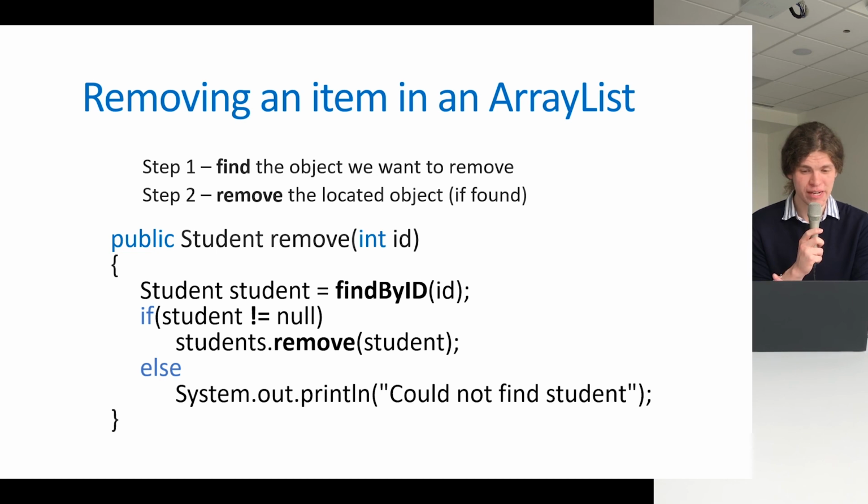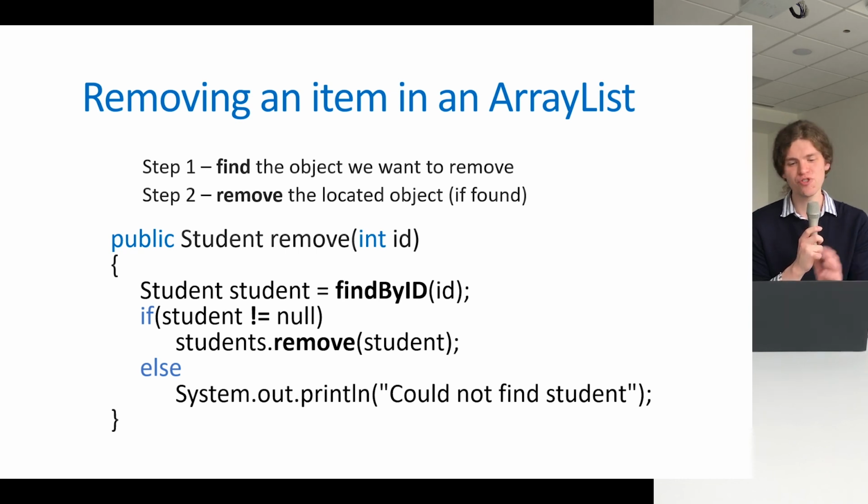So if we were to create a remove method here for our students, we first call the find by ID method, which is what we've just walked through, pass in the ID that we want to remove, and look for it, of course, and if we find a matching one, then return it, store it in an object here, which is student, and then we've got a conditional underneath that.